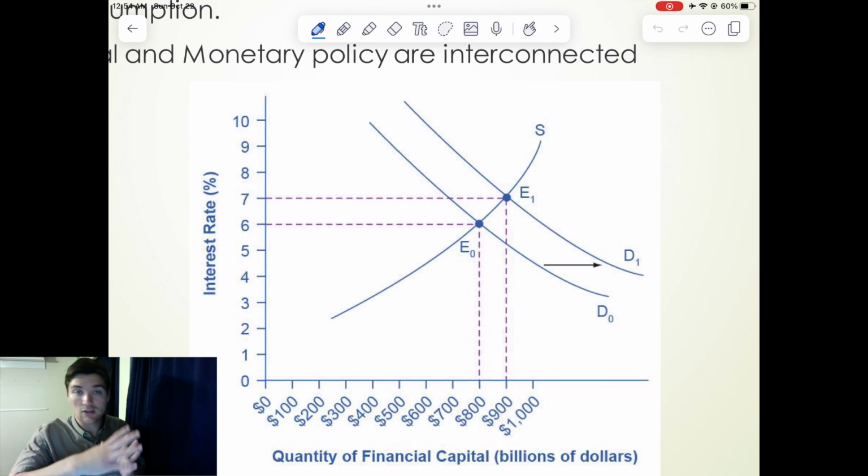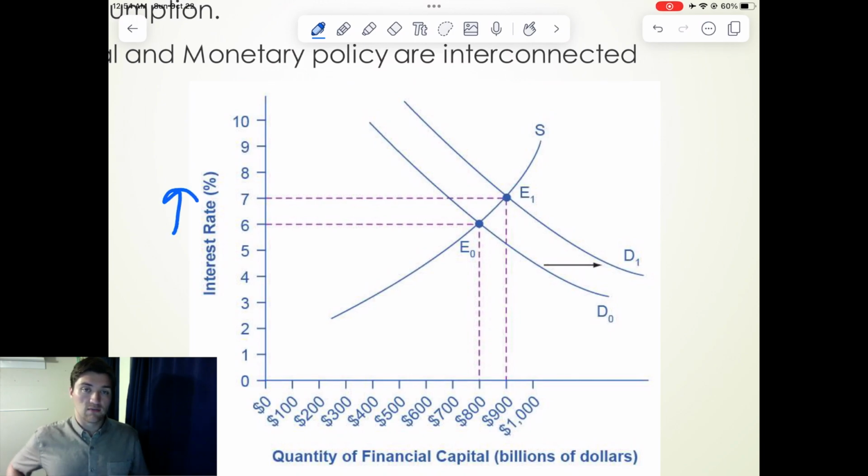This could be increasing the demand for the funds, for the financial capital. If we look at the total amount of financial capital, we are trying to demand more of it. So this could increase the interest rates just from simple supply and demand. We're demanding more financial capital, and this increases the interest rates.